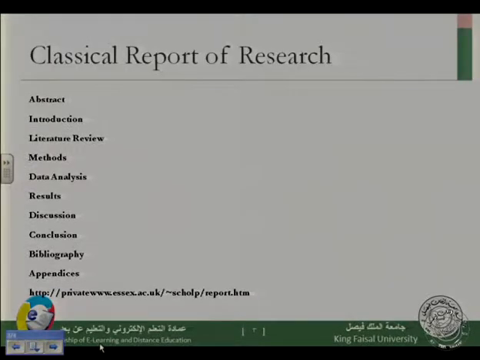We said this is one way of reporting research. We start with abstract, introduction, literature review, methods, data analysis, results, discussion, conclusion, bibliography, appendices, and I referred you to this link, and you can get some idea about these items, because I'm going to devote a lecture for each item of these.